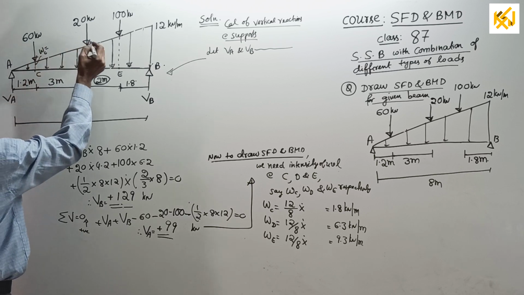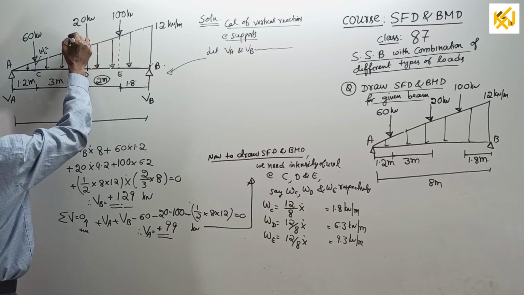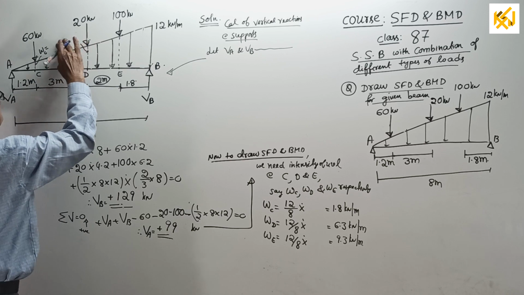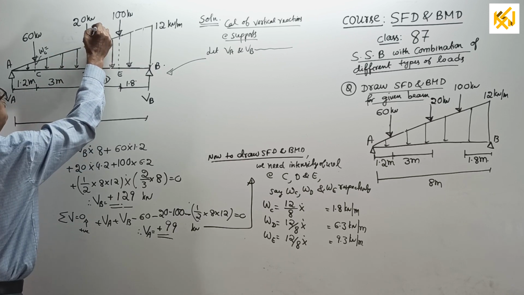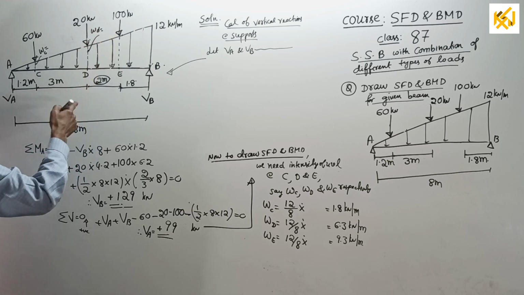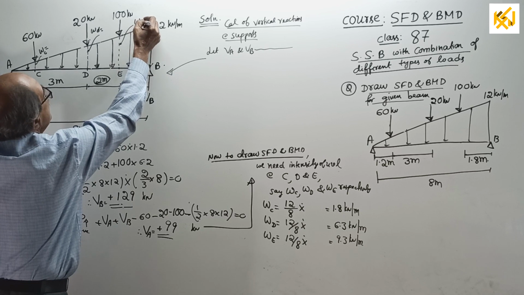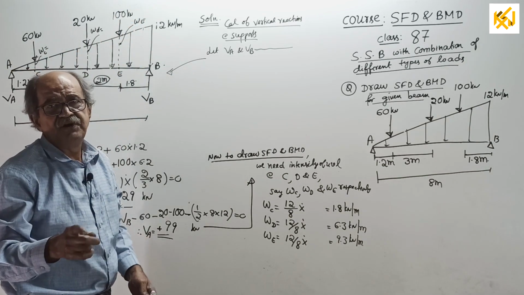Say WC, this ordinate, I'll write anywhere here. WD, if I write there, a space problem will come, so I write here. WD, that's why this question is important. Say this ordinate WE. All these you require. So, okay, calculate. I should not tell how to calculate.